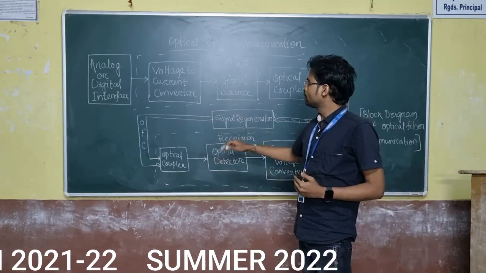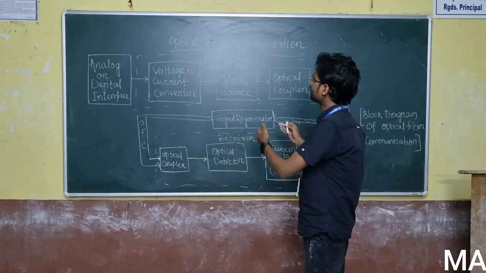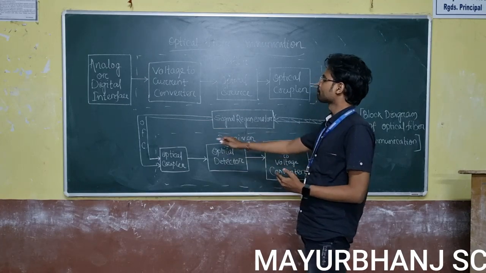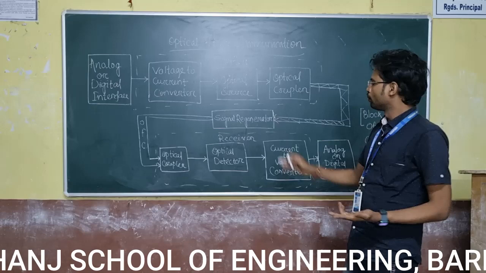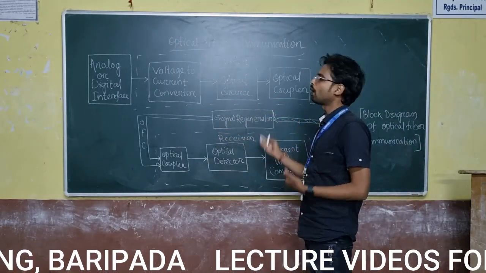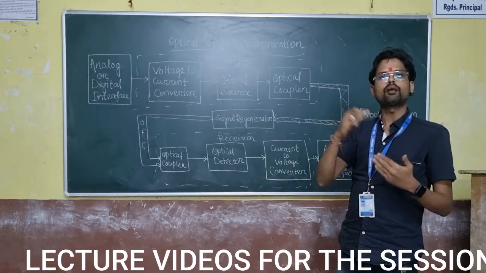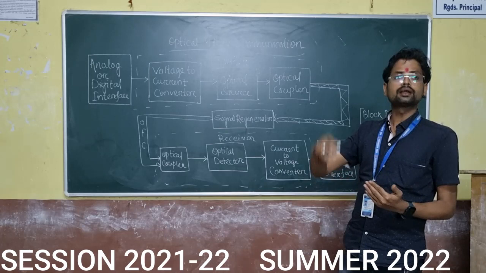Then when the signal arrives at the receiver segment, the first thing after the optical coupler is the optical detector. The optical coupler gives the light signal to the optical detector, where the light energy is again converted into current form.